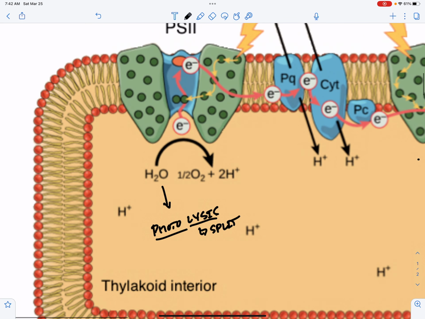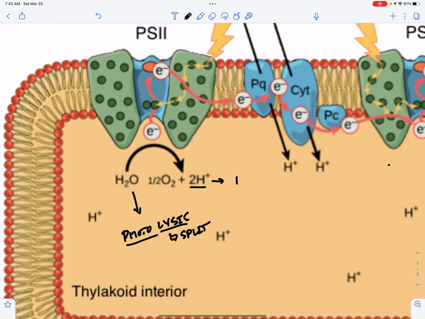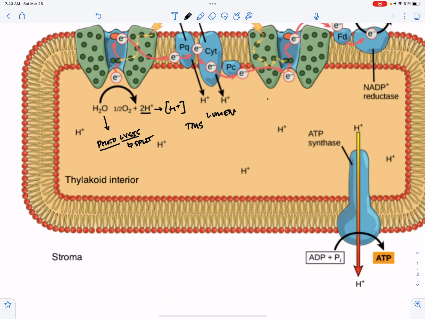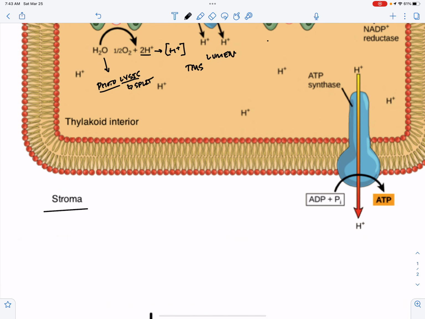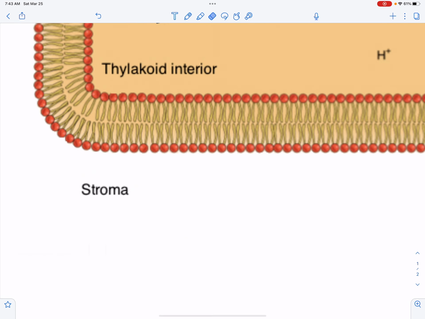And in doing so, we create oxygen gas, molecular oxygen, which is going to leave the plant through the stomata. We create a little H+, which is important because this is going to add to the H+ concentration gradient that's building up inside of the TMS, inside the lumen, relative to the outside, called the stroma, not the, what did someone say yesterday?